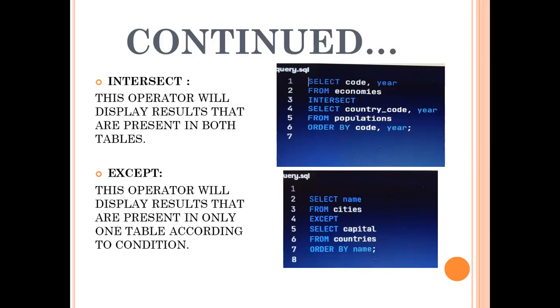Talking about the except operator. This operator will display results that are present in only one table according to the condition. For example, you want to select name from the cities table and you do not want to select capital from the countries table, then you will use the except operator that will join these two syntaxes.